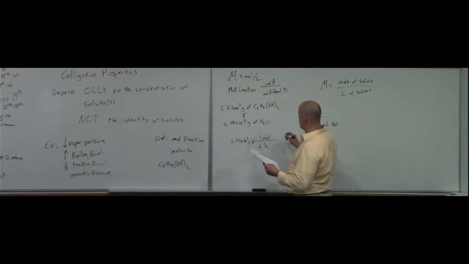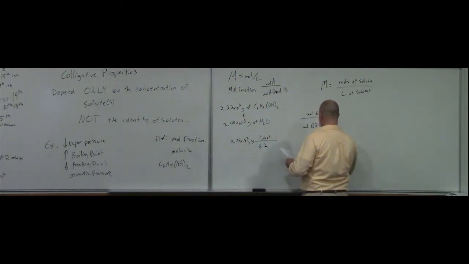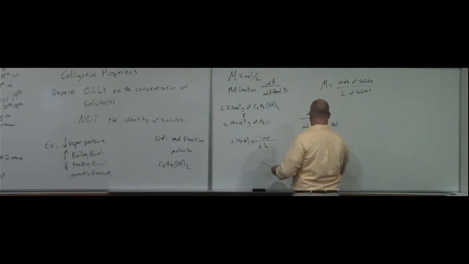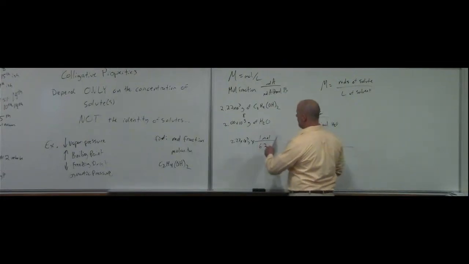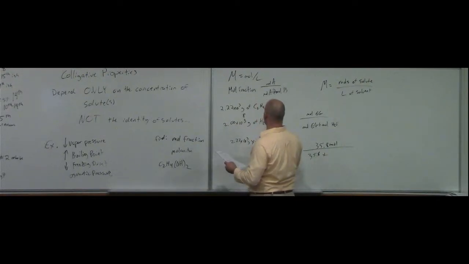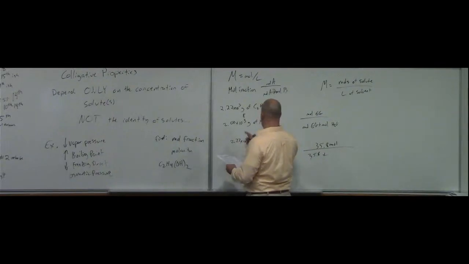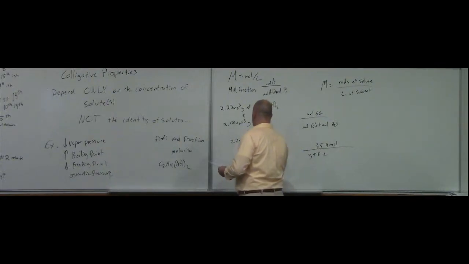And so that's going to put us at about 35.8 moles of this thing. So 35.8 moles for my first one. And down here, again, I'm going to include my 35.8, and I'm going to add the number of moles that I have of water. So for water, what do I have here? I have 2 times 10 to the third grams of water.